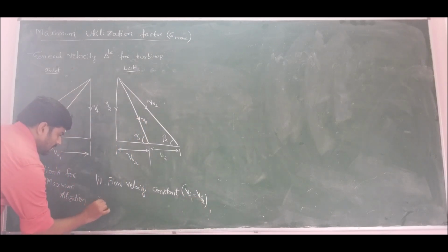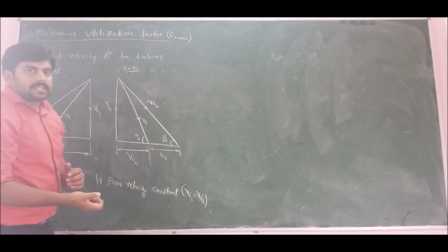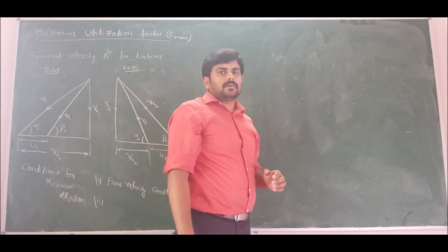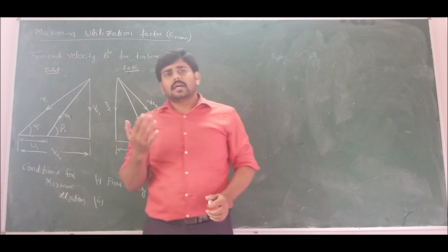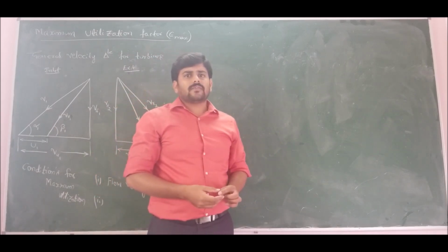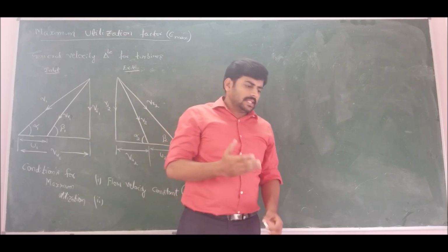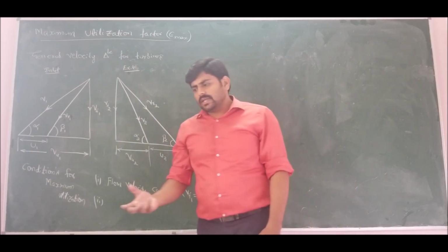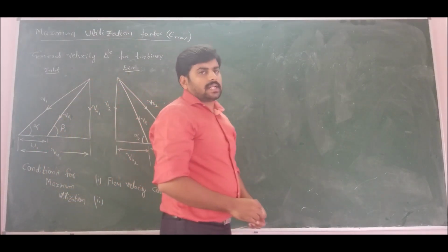Coming to the second condition to make utilization maximum, the discharge velocity must be very minimum so that the efficiency will become maximum. For example, steam possessing a velocity of 1000 meters per second strikes the vanes of a steam turbine. If the discharge velocity V2 is around 500 meters per second, we are using only 500 meters per second to convert the kinetic energy into mechanical energy.